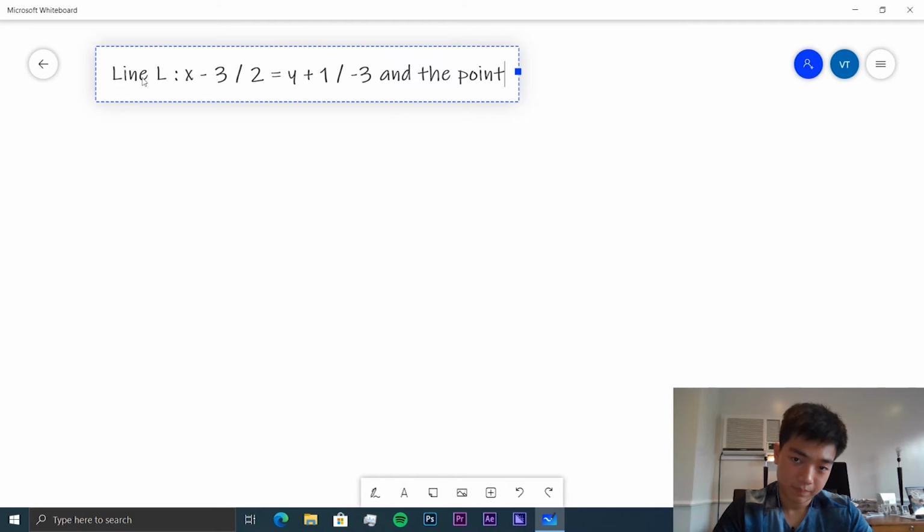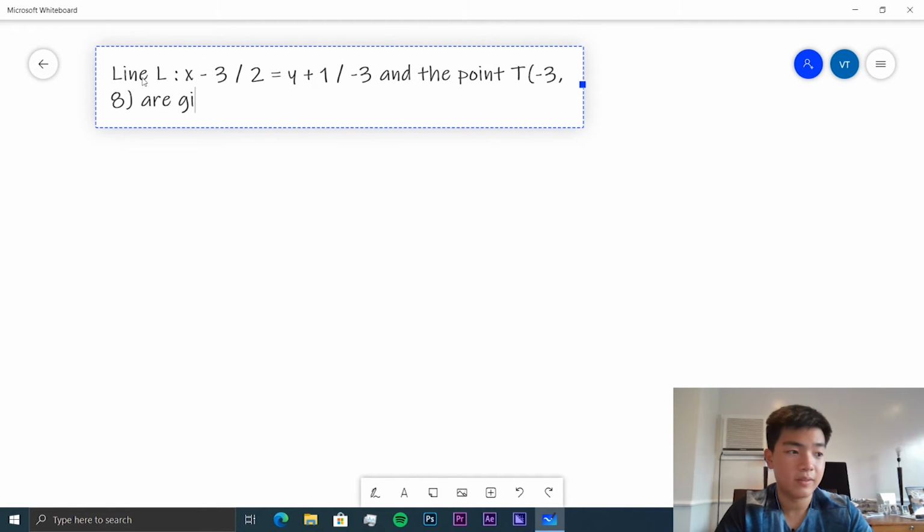And the point T, which is at (-3, 8), is given.